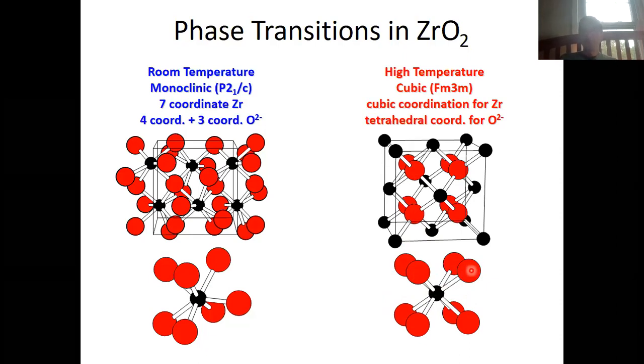Now, however, unfortunately, the high temperature structure is only stable at a temperature above 1000 degrees Celsius, which is not very good for practical applications.